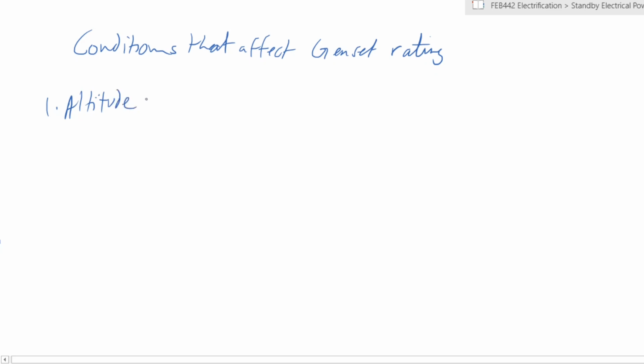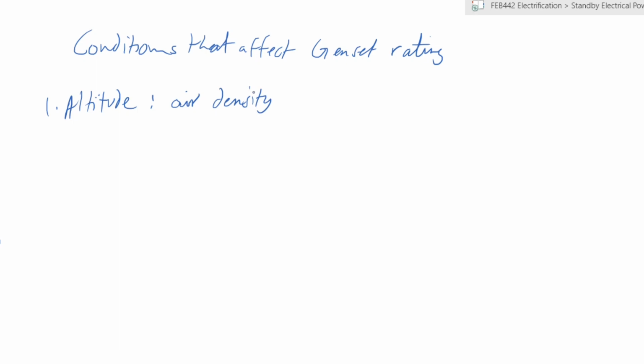So in terms of altitude, what affects the generator sizing is that at sea level, air density is much higher than at higher altitudes. So air density. At higher altitudes, you would need to take that into consideration because air is usually the main means by which gensets cool themselves.